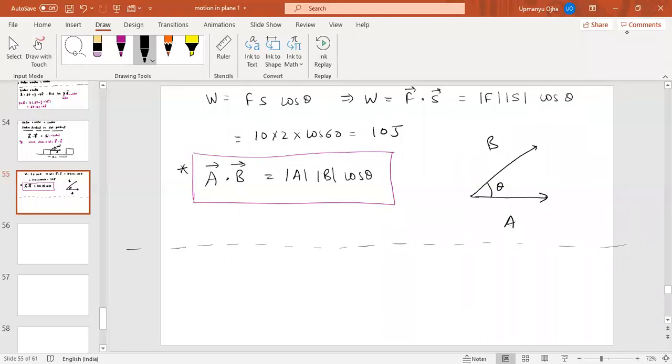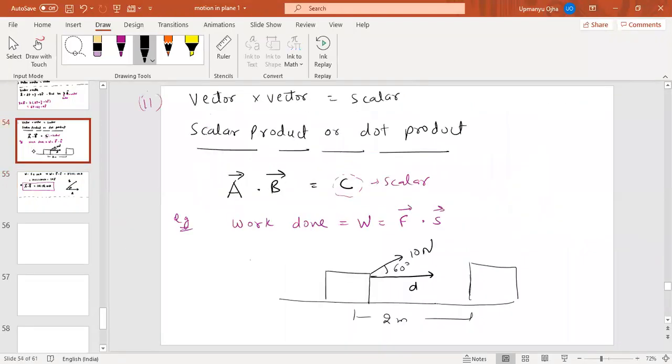Negative work means the force and displacement are in opposite directions. That is why negative is there. But it is a scalar quantity. We always write work done as 20 joule. We don't mention 20 joule in the north direction, in the south direction, or in any direction. We simply say 20 joule of work has been done, because work done is a scalar quantity, so it has no direction.